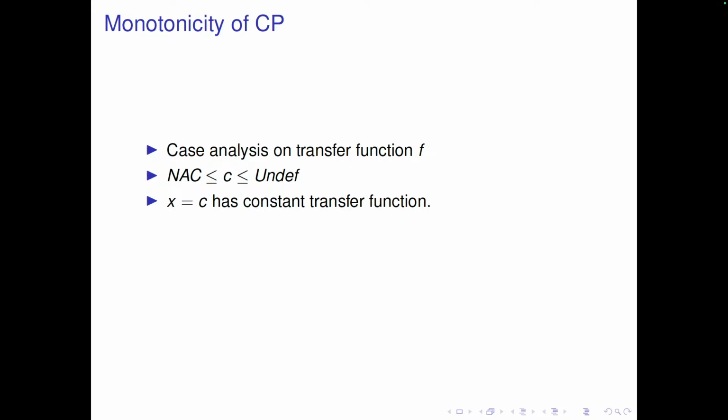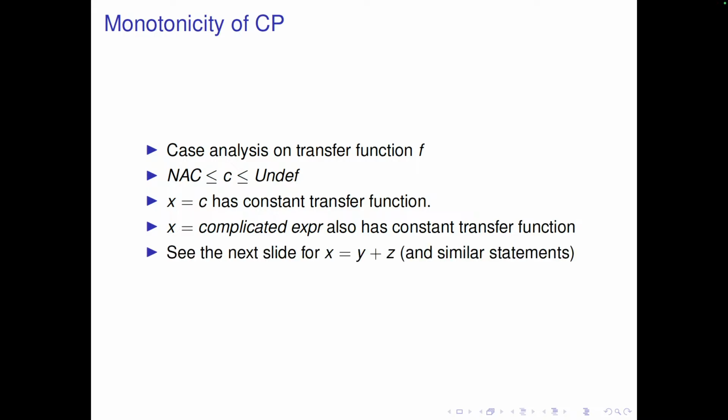So there are three different cases: x equal to C, x equal to y1 plus y2, and x equal to some complex expression. X equal to C has a constant transfer function. So constant functions are always monotone. Monotonicity is if you change x in one direction, f of x also changes in a consistent direction. It does not oscillate. This also is a constant function. Constant functions are always monotonic. They are always in one direction, they are not oscillating.